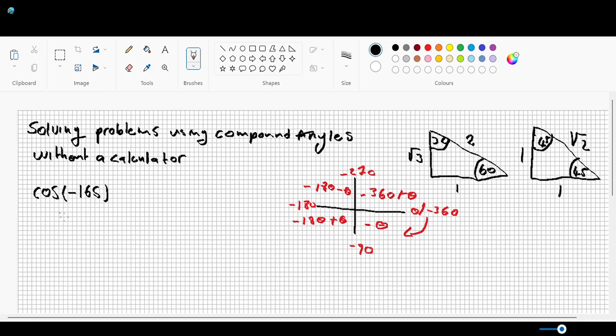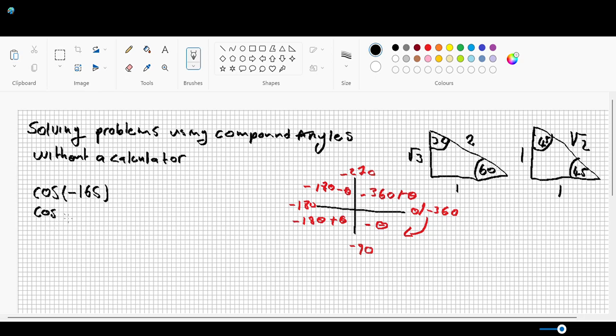So remember, negative 165, where is it happening? It's happening between negative 180 and negative 90. So it means it happened on the third quadrant, and on the third quadrant we know that cos is negative, but here's how you're supposed to write it to make your life simple.